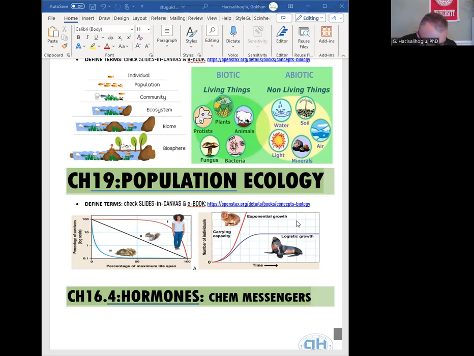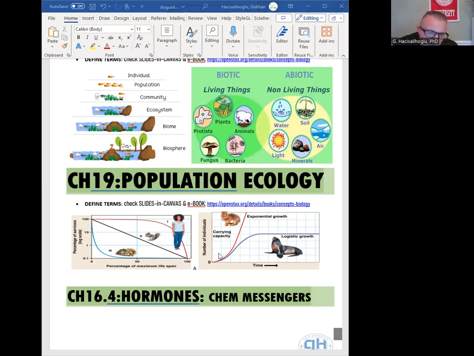The second curves you see here are population growth models. The first one is exponential growth. This is the type of growth we see in rabbits, for example. There is an unlimited environment, so there is exponential growth.